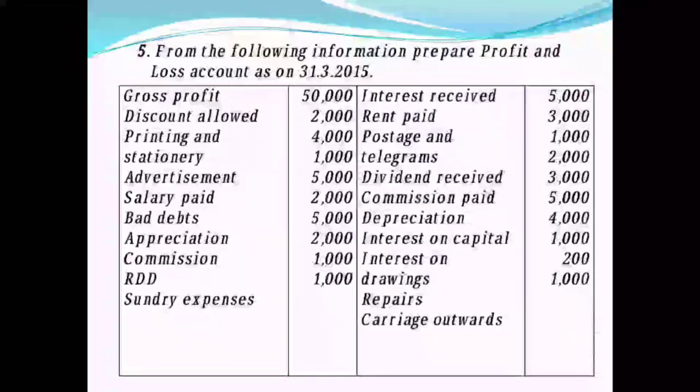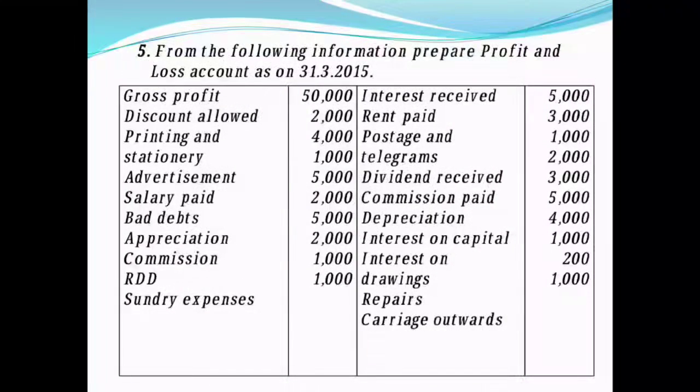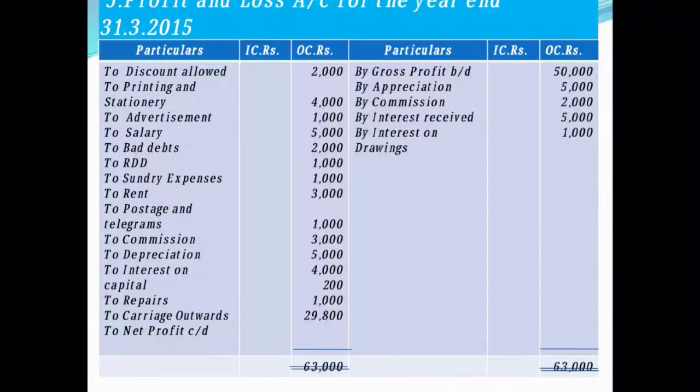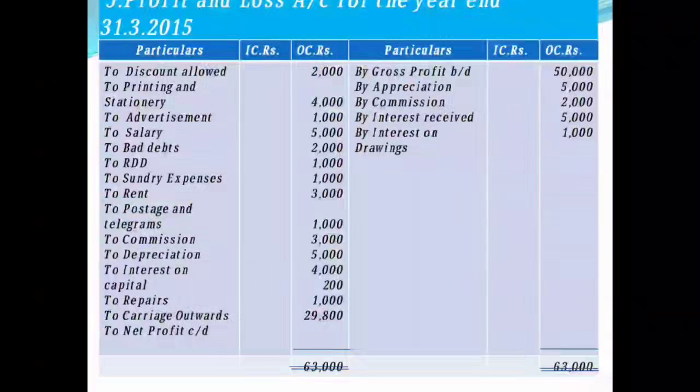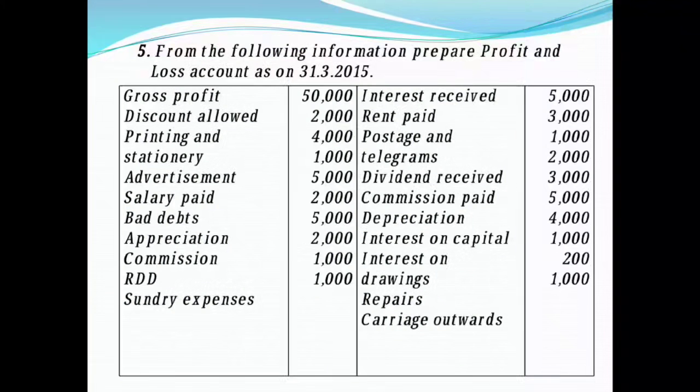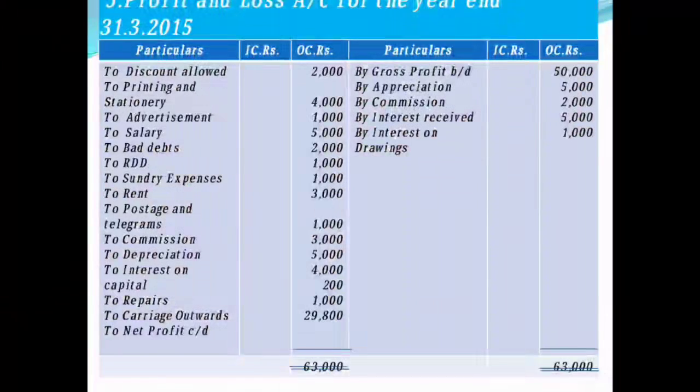Then next you have RDD rupees 1,000. You're going to debit it to profit and loss account: to RDD rupees 1,000. The next you have sundry expenses rupees 1,000. Again you have to debit it because it is an expense, so to sundry expenses rupees 1,000. The next you have interest received rupees 5,000, which you are going to credit to profit and loss account: by interest received rupees 5,000.